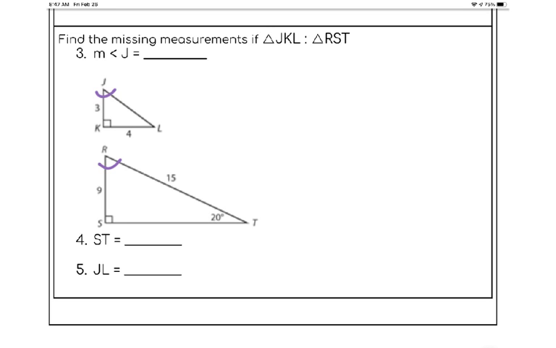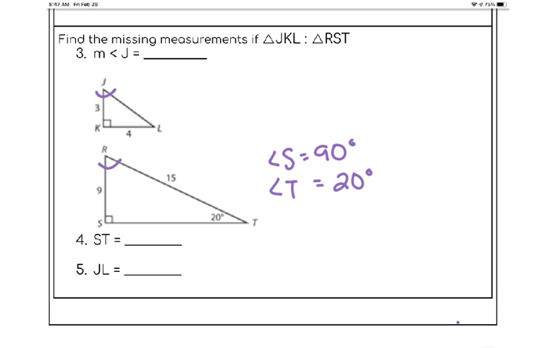But something we do know is in RST, we know that angle S is 90 degrees. We know that angle T is 20 degrees. And you may remember this, that the angles of a triangle all have to add up to be 180 degrees. So we can figure out what angle R is.